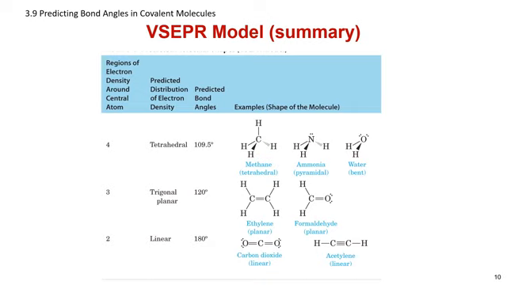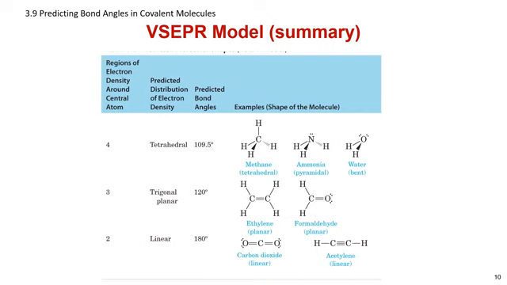If I ask you what is the shape of water? The shape of water is angular or bent. Ammonia is pyramidal or triangular pyramidal. Methane is tetrahedral.